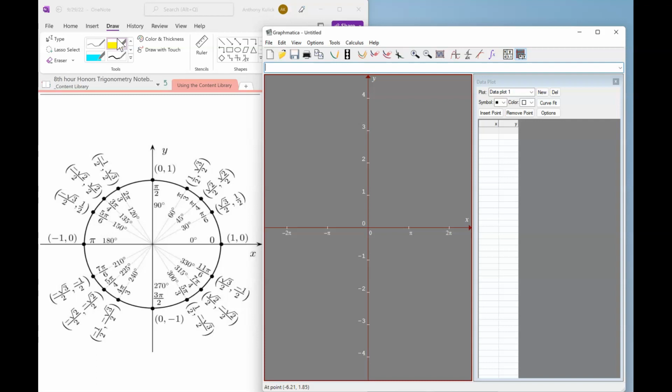So how many different ways do I have to represent or measure an angle? 2, right? I have radians or degrees. Which one do you suppose we're going to want to use if we're graphing? Radians. Why radians?